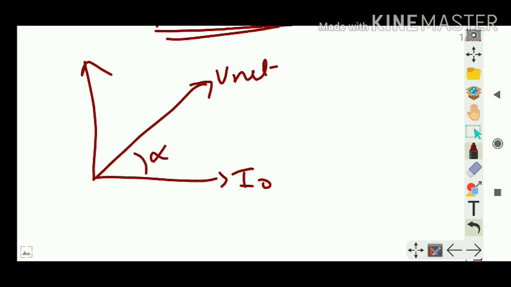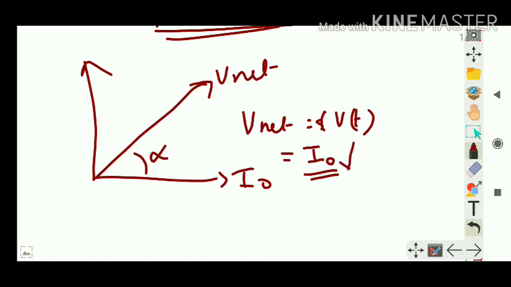Something which you have learned again and again. Now what is V net? We just talked earlier. V net or V of t, as per the earlier section, it was I naught. As per the diagram, I can say I naught into, that is the current into the impedance of the circuit, or the resistance of the circuit was what? Root of R squared plus XL squared, sine omega t.